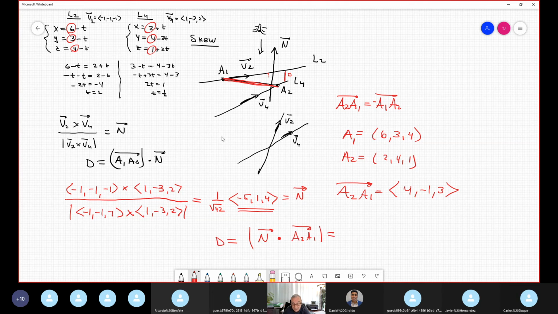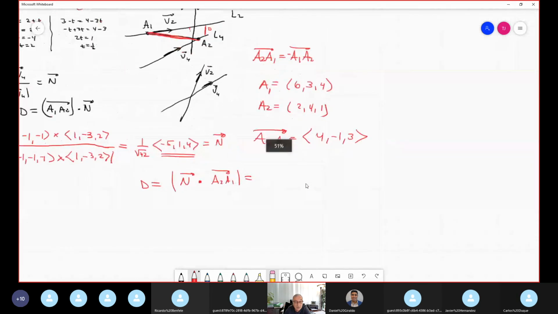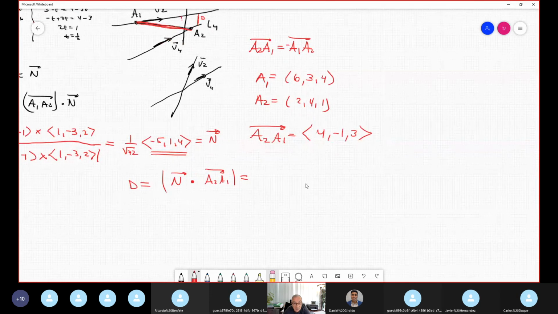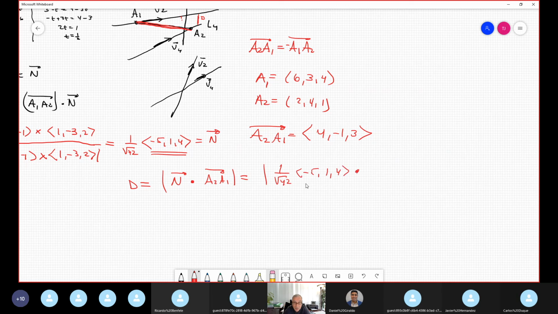Let's do it, at least set up, and the rest is calculator. So the absolute value of the vector M, which is 1 over radical 42 times <-5, 1, 4>, dot product vector A2A1, which is <4, -1, 3>.